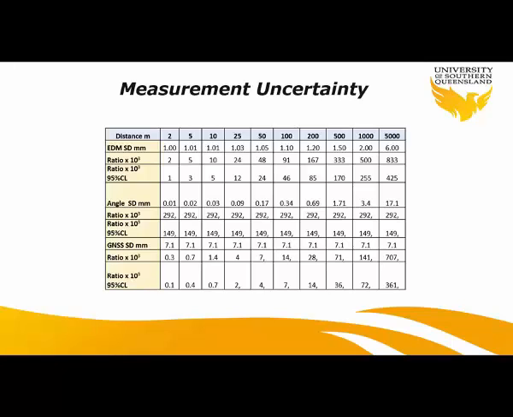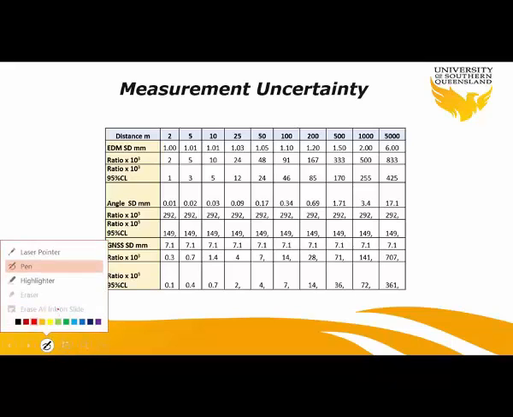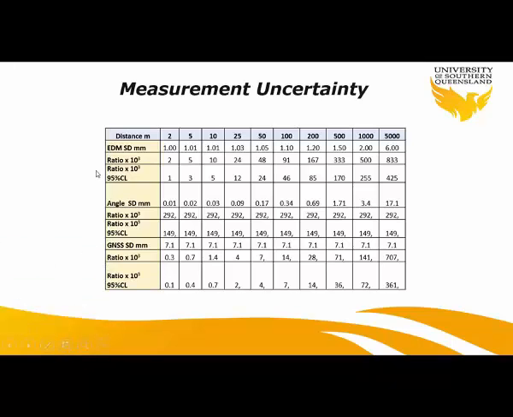So you can see here we are looking at the measurement uncertainty of the EDM, angle pointing, and GNSS with regard to distance. For the EDM here, I use a standard instrument in the market, let's say the Trimble S7, so it's going to be 1 millimeter plus or minus 1 ppm, or part per million, times distance.